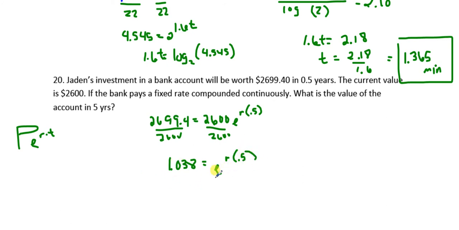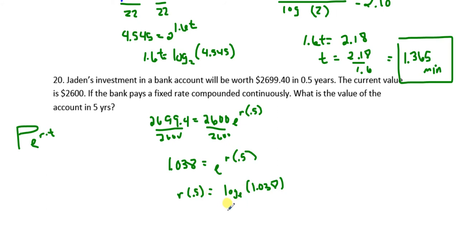So log a to the b equals c. So this is log base e of 1.038 equals the rate times 0.5.